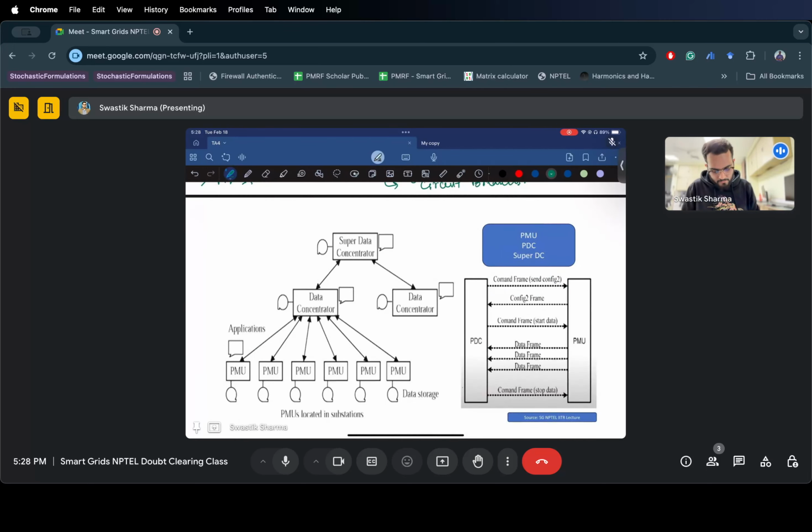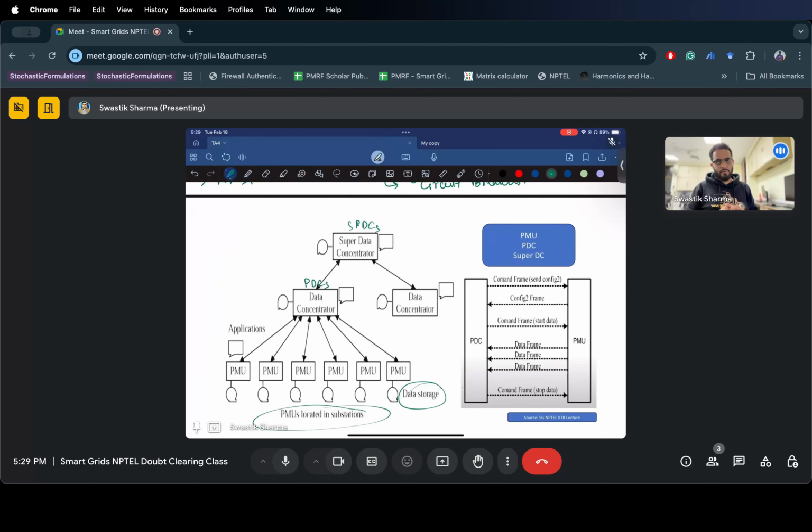So we have PMUs located at different substations, and they have independent data storages as well. They can store some amount of data locally, and after that, they also submit this data to the phasor data concentrators, PDCs, which are in contact with the super phasor data concentrator, which is in contact with multiple PDCs. So this is the hierarchical structure.